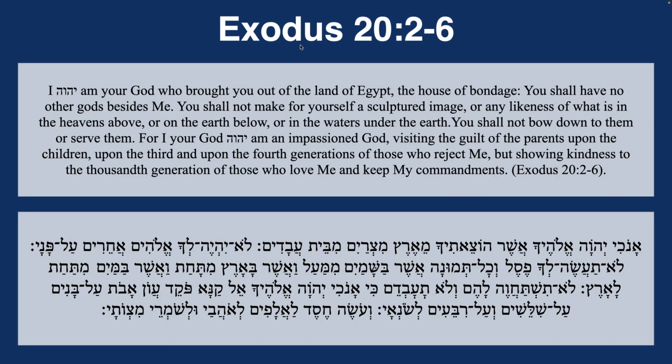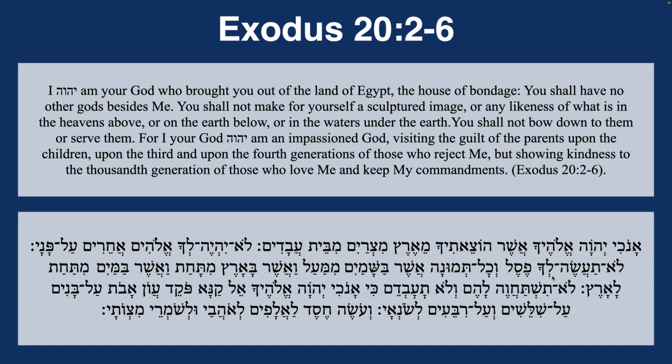But really, I think we should read the first commandment. It's not a commandment, the first saying, which begins with, I am the Lord your God who brought you out of the land of Egypt. And it goes on till verse 6, which we have not read. So let us read this one fully. Anochi Adonai Elohecha, Anochi Yehovah Elohecha, asher hotzethicha me'eretz Mitzrayim, mibeit havadim, lo yihyelecha Elohim acherim al panai.